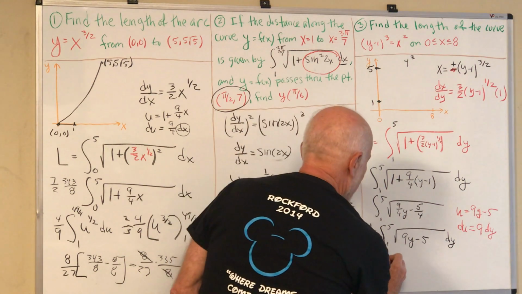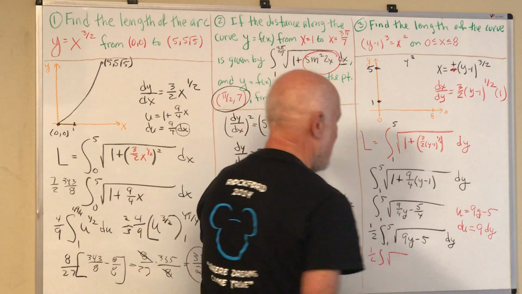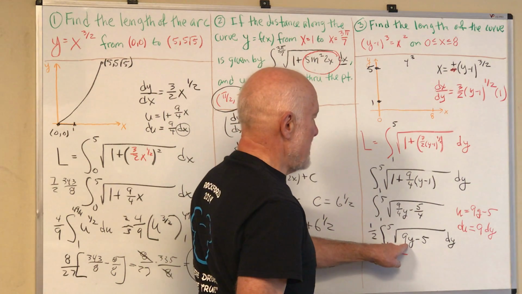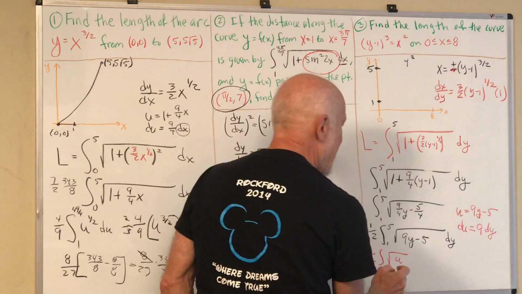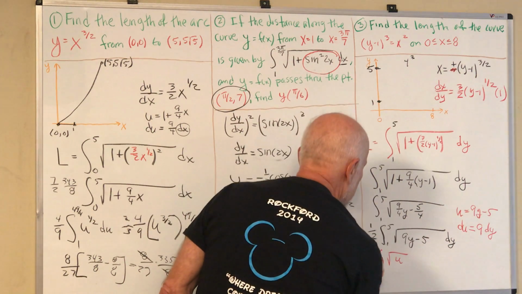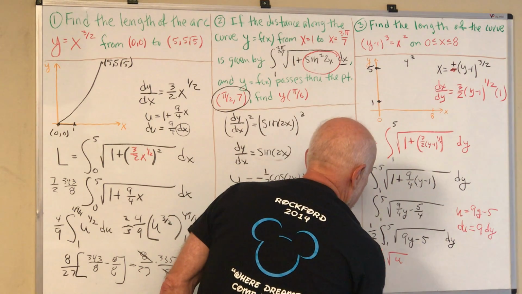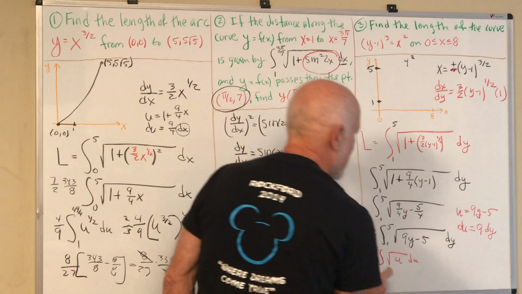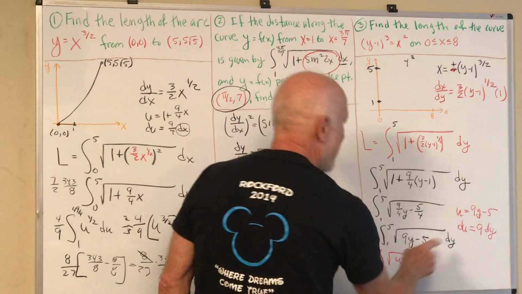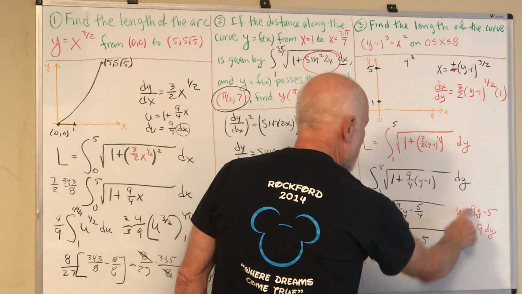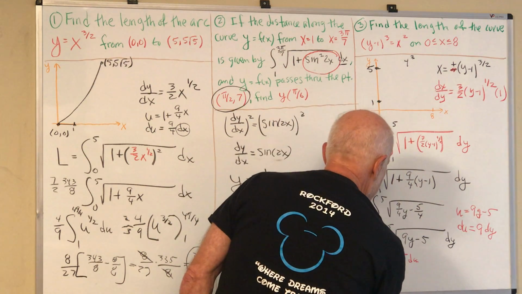So if I rewrite this, I get the integral of the square root of, and this is going to be now just u. So it's u to the 1/2, and dy is equal to 1/9 du. And 1 becomes 4, and 5 becomes 40.